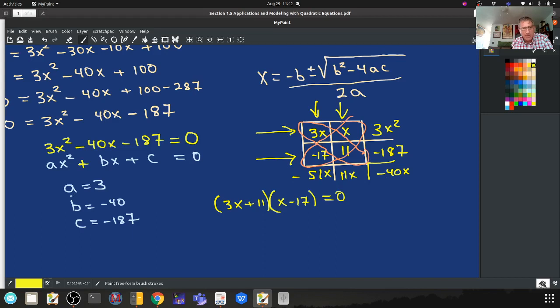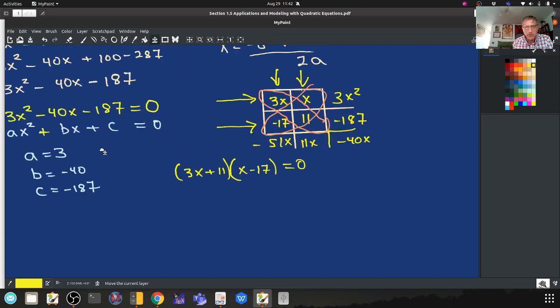And then find my values of a, b, and c, and then use the quadratic formula to find the value of x. Because looking at this, there is absolutely no way I'm supposed to know that this can be factored. I went ahead and factored it because if it can be, then it's much easier to solve.